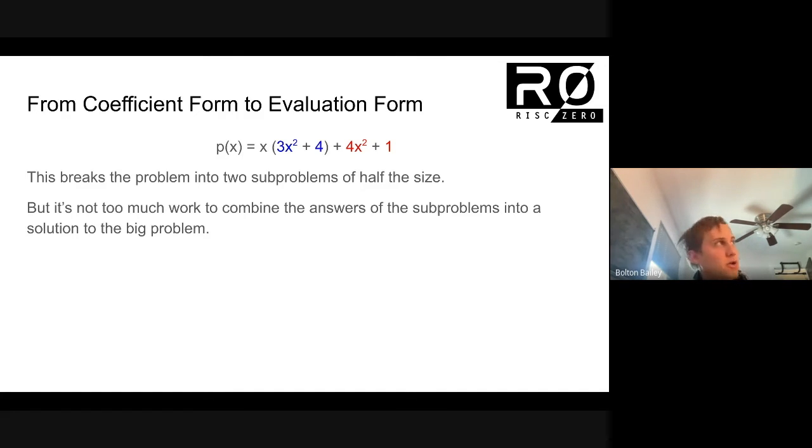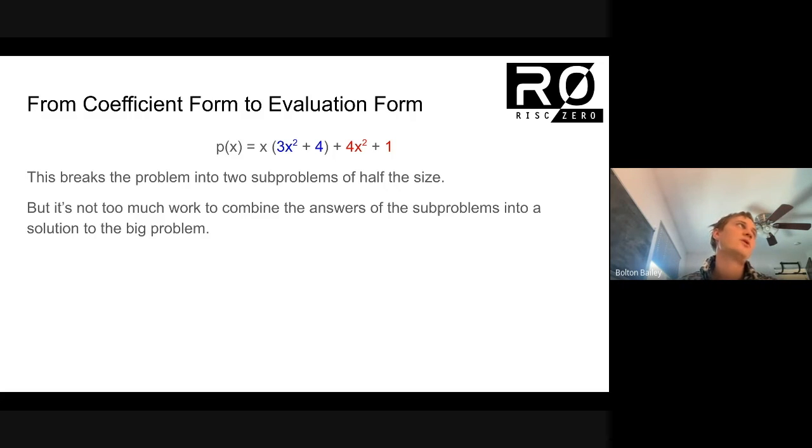If we had a much larger polynomial, we could just keep breaking down the problem, right? We would break the problem into 2 problems of half size, and then each of those would be broken down into problems of quarter size. And then each of those would be broken down into problems of 1/8 the size, and so on.